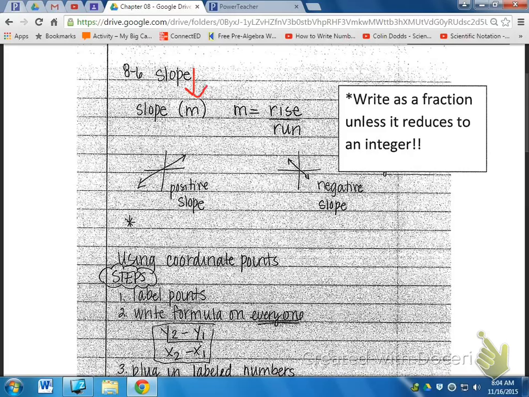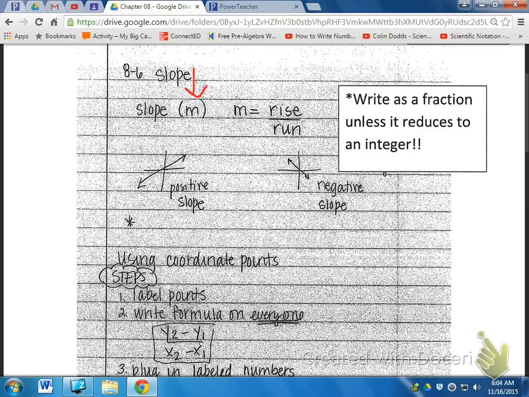How many steps up and how many steps over from one point to the next. That determines how steep it is. In the box with a little star, slope should be written as a fraction unless it reduces to an integer.